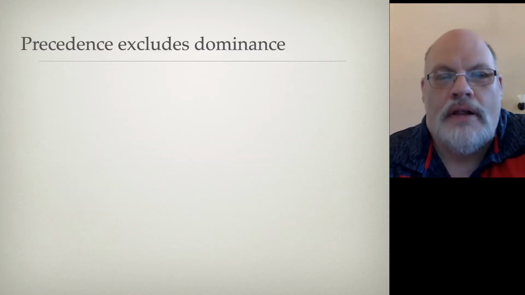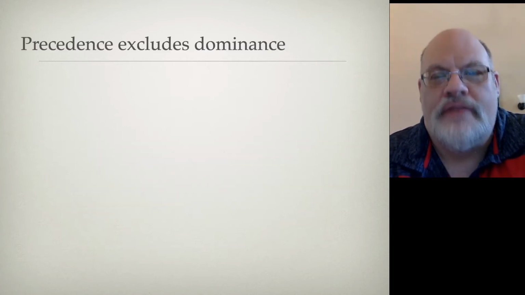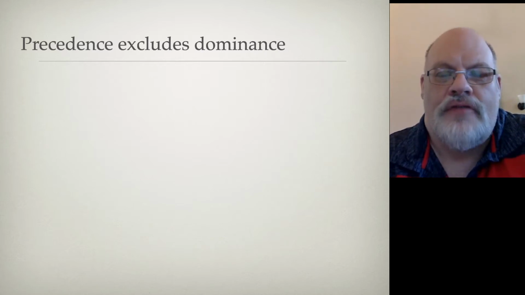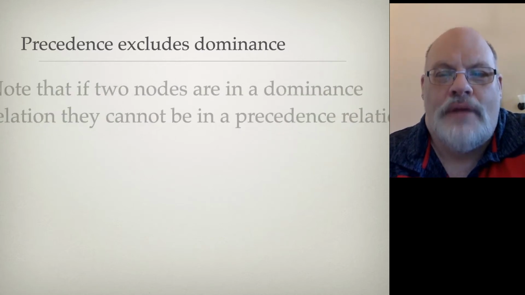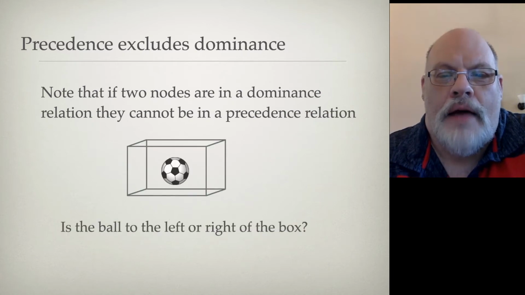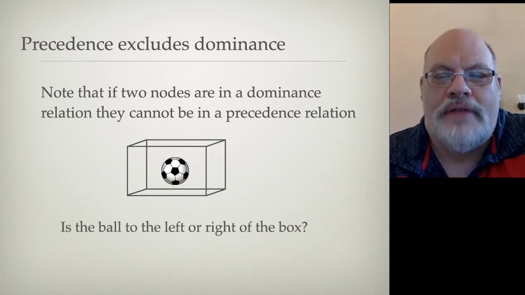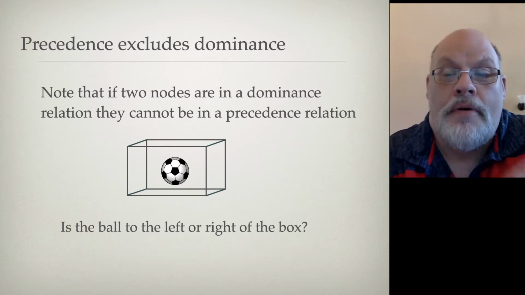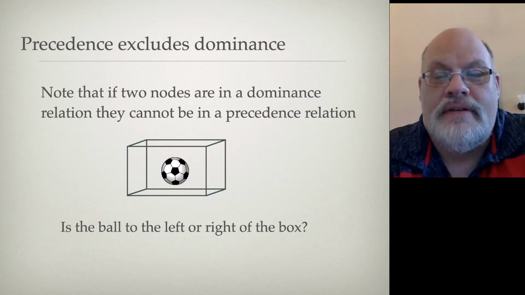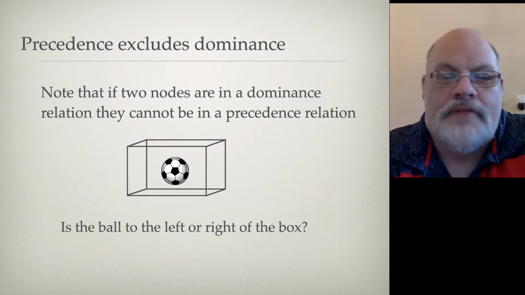So first of all, let's note that precedence excludes dominance. So if you are in a dominance relationship with something, you do not precede it. You cannot be in a precedence relationship if you are in a dominance relationship. Now remember, dominance is containment. Look at this picture.